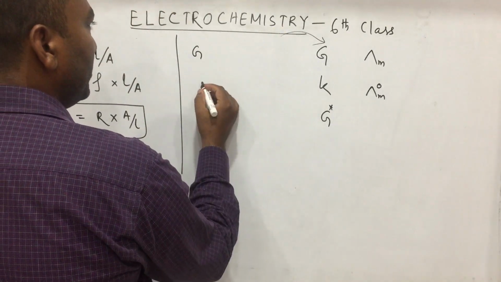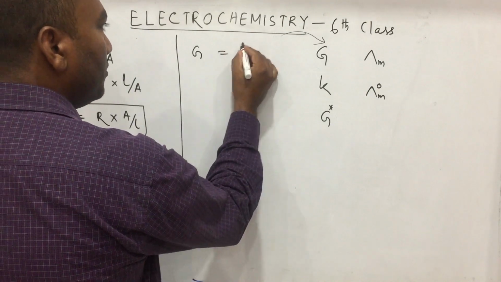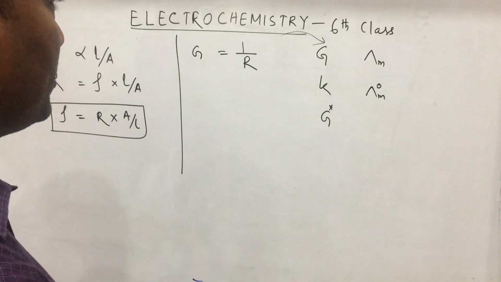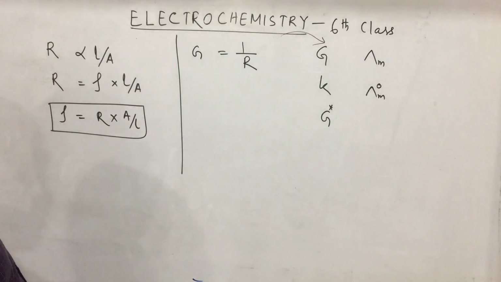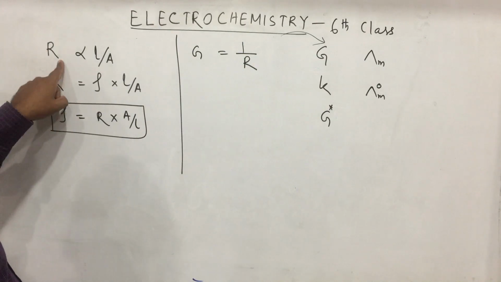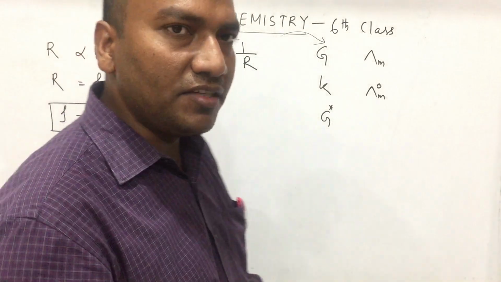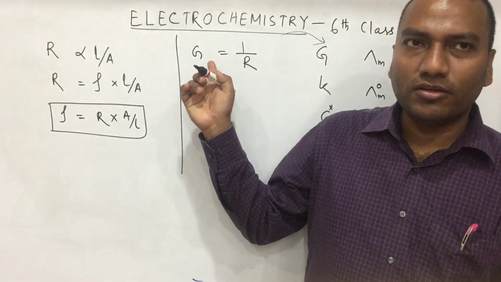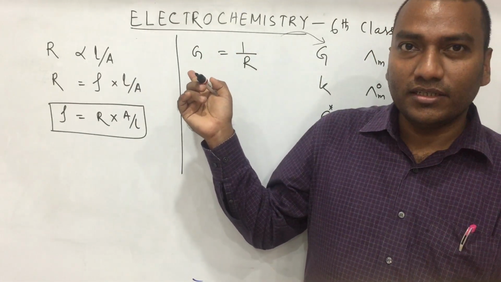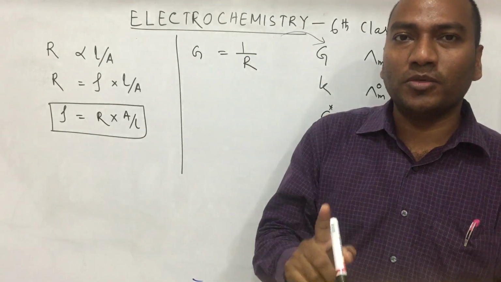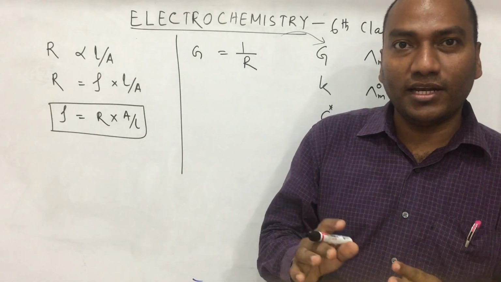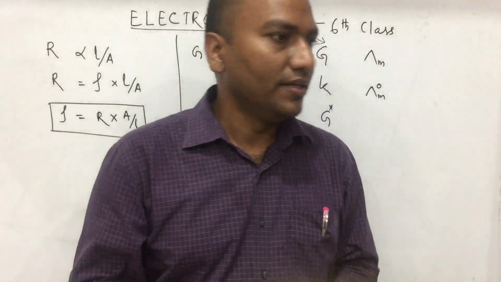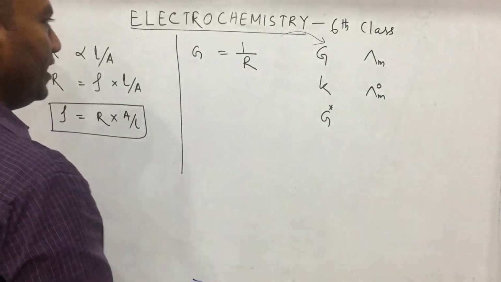G is the reciprocal of resistance. Resistance is the property of a substance to oppose the flow of electrons, while conductance is the property of a substance to allow the flow of electrons. So G equals 1 by R.